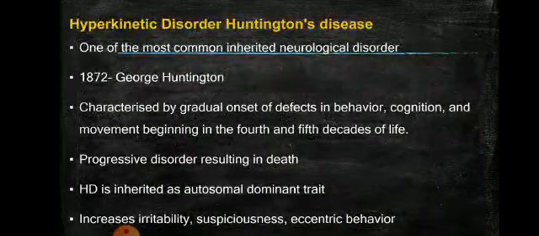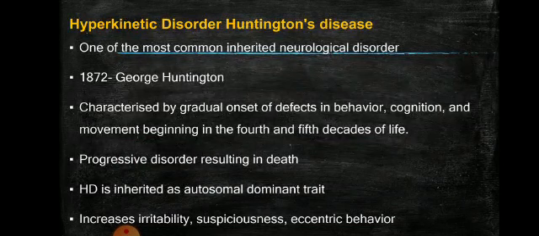Now let's see the last one, the hyperkinetic disorder, which you also call Huntington's disease. Now this is one of the most common inherited neurological disorders, and it was discovered in 1872 by George Huntington. Huntington disease is characterized by very gradual onset of defects in a person's behavior, cognition and movement.